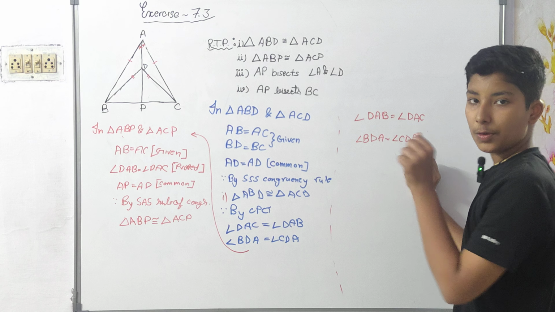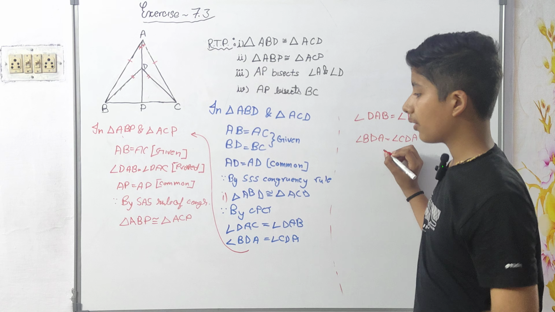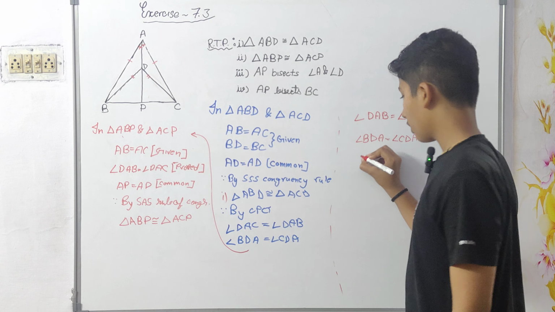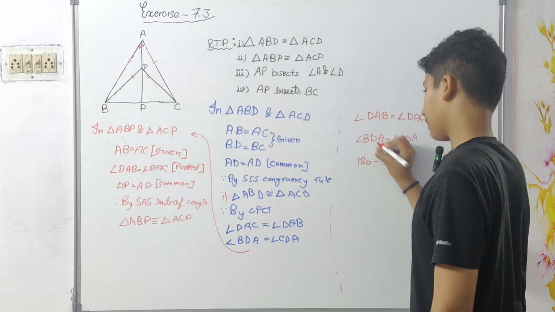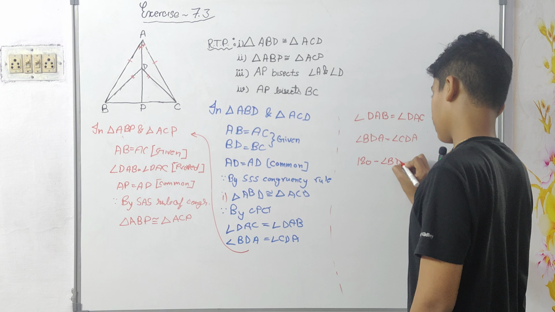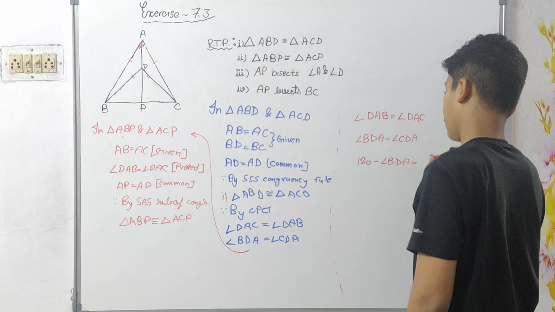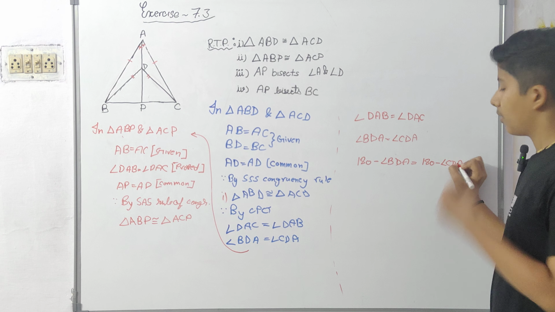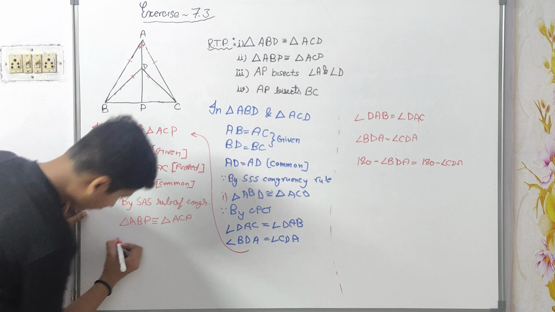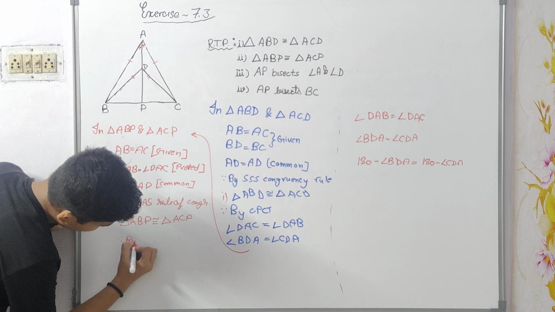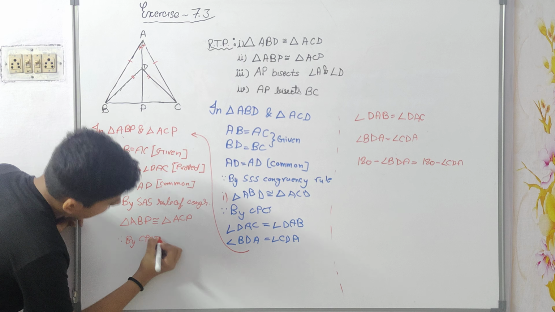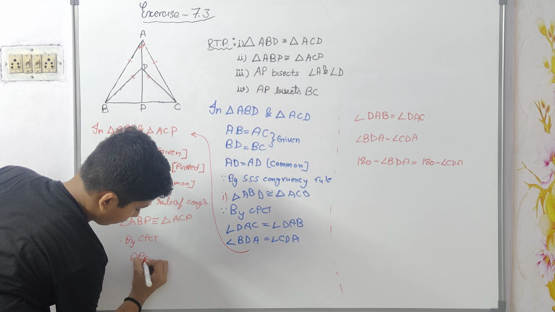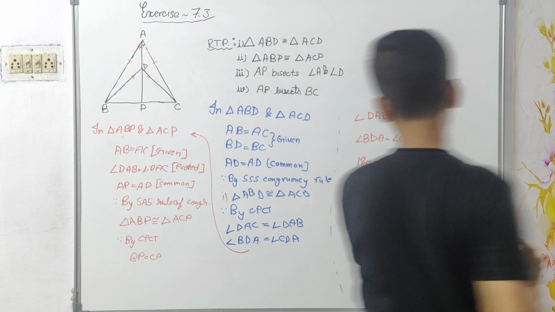Okay, this we have proved. So angle BDA equals to CDA. So what we will write? We can write that 180 minus this angle is equal to 180 minus this angle. Firstly, in CPCT we can write this will require BP equals to CP. Yes.